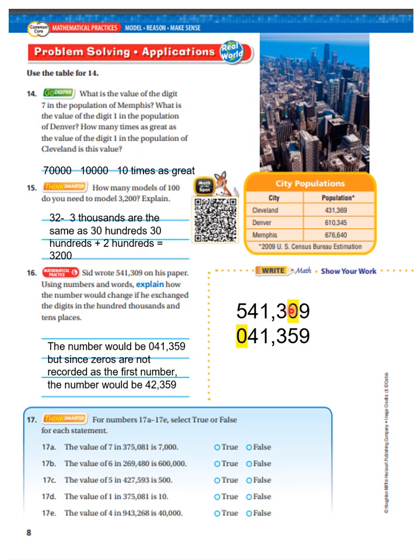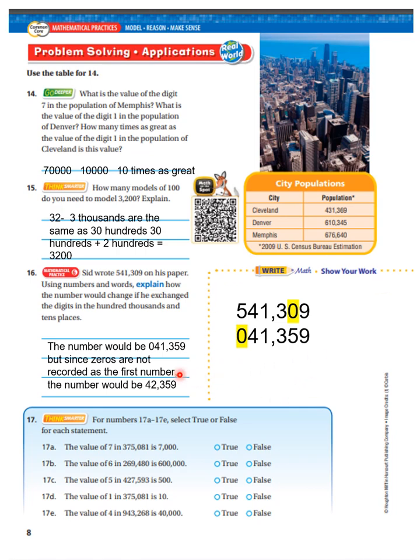So we're going to put this number here and this number here. Do you see what we did? He took this 0 in the tens and put it in the 100,000. He put the 100,000 number and put it in the 10. So now the number goes to 041,359, but since the zeros are not recorded, the number would be 41,359. Okay, that's why it's so important to make sure your numbers are in the right spot.